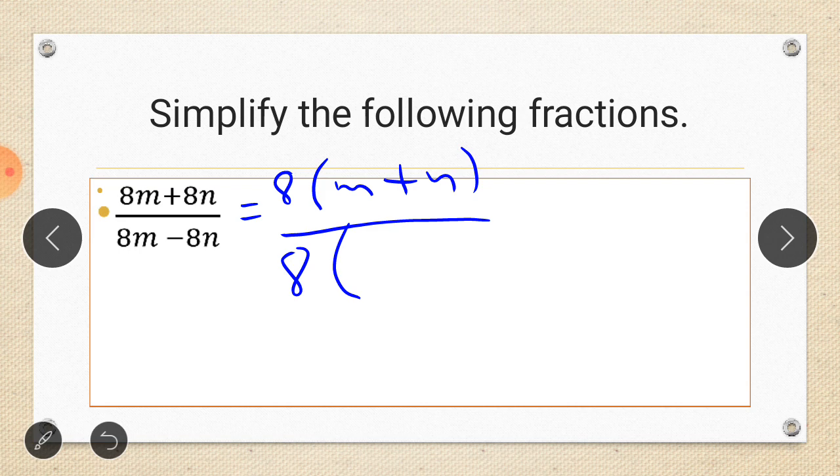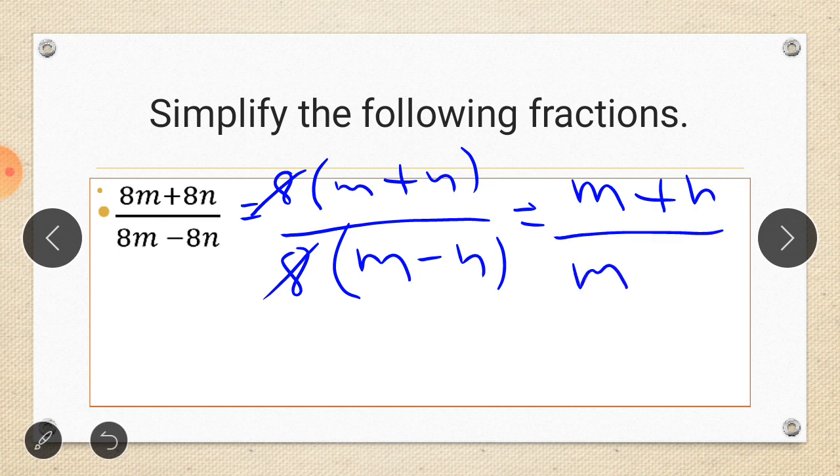Then 8m divided by 8 will have m, plus negative 8n divided by 8 will give you negative n. So cancel out the common factors. Therefore, the simplest form is m plus n over m minus n.